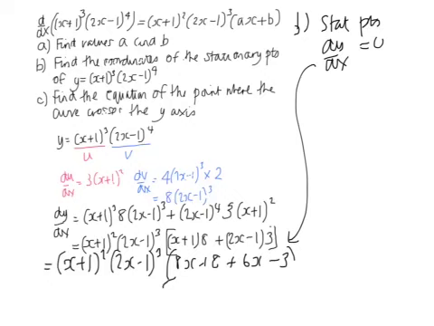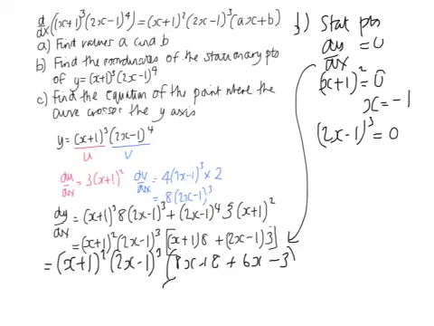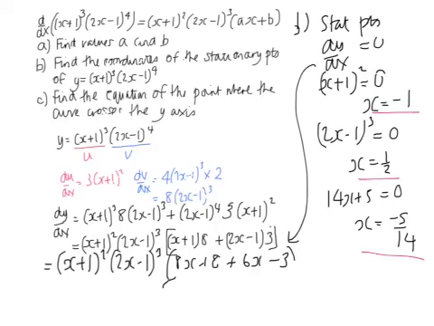So either (x plus 1) squared must be equal to 0, in which case x is minus 1, or (2x minus 1) cubed is equal to 0, so x must be equal to a half, or 14x plus 5 is equal to 0, in which case x is minus 5 over 14. Okay, so we've got three stationary points at x is minus 1, x is a half, and x is minus 5 over 14.